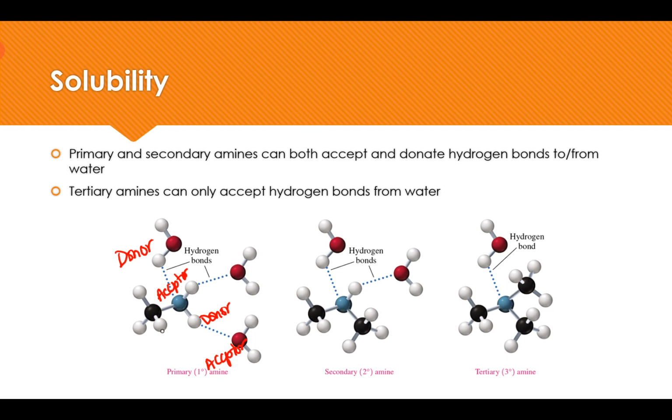So we can have accepting and donating happening. There's not as many hydrogens here for the secondary amine, and so the ability to donate back is being hindered, but still possible. And by the time you get to tertiary amine, there's no donating happening at all.